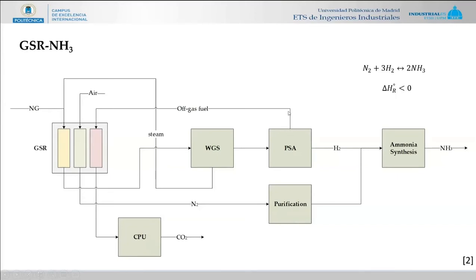And we have an off-gas fuel, which is very conveniently used as the reduction inlet, right? This contains mostly carbon dioxide and some unconverted species, and some hydrogen that is not recovered because the recovery is not 100%. And again, we have a purification unit.